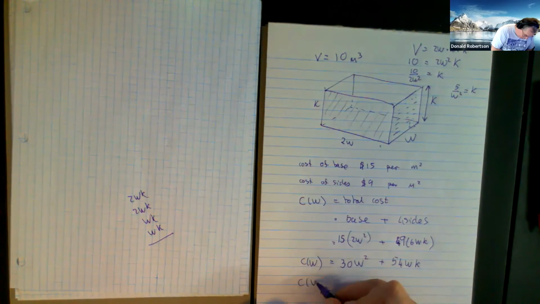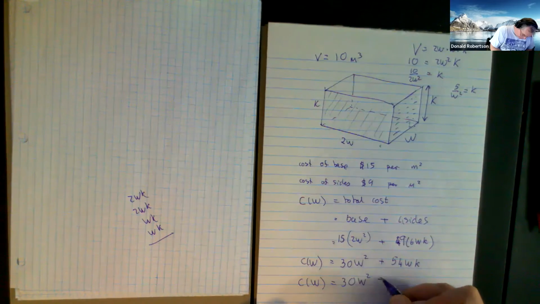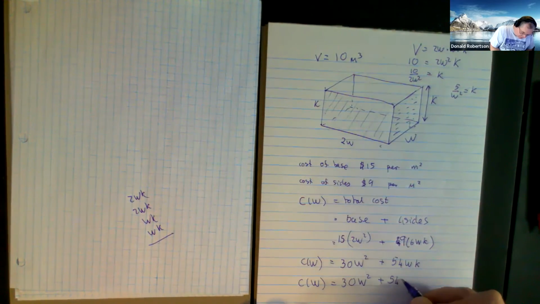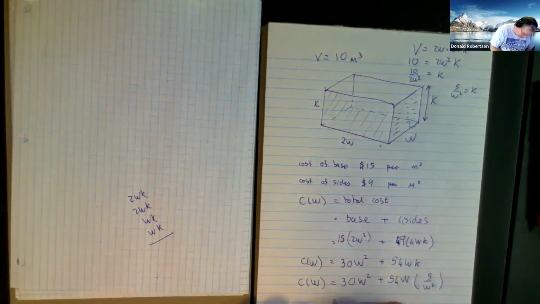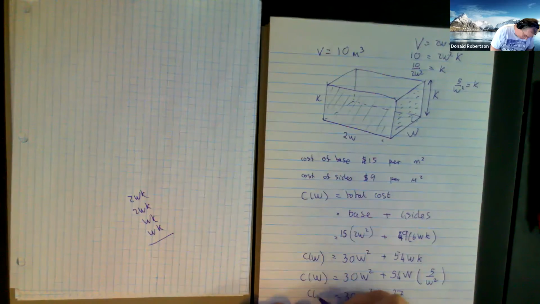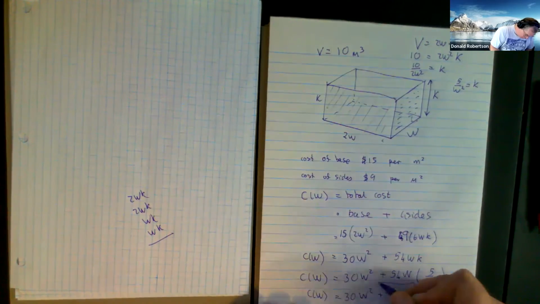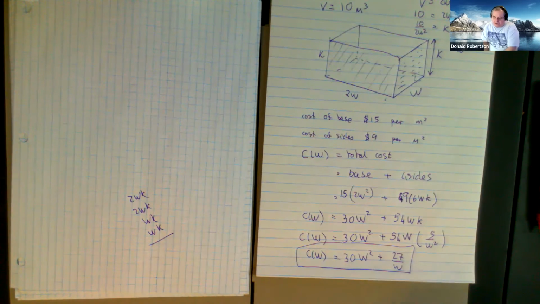So the cost function is 30W squared plus 54W times K. And now we are about finished. That's 270 over W. Our goal is to find the optimization function.